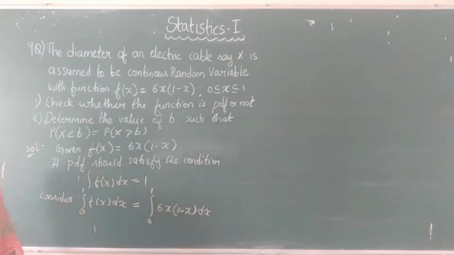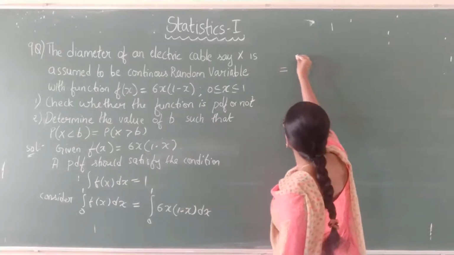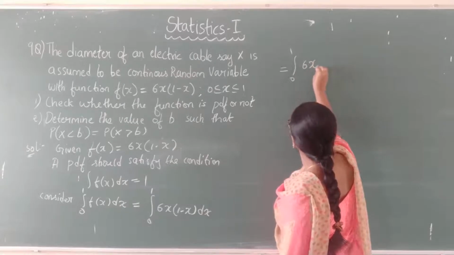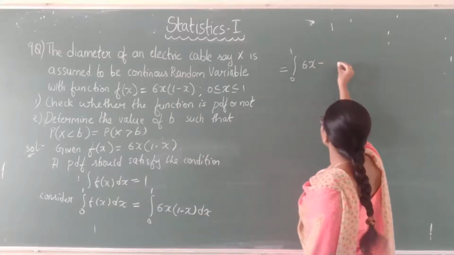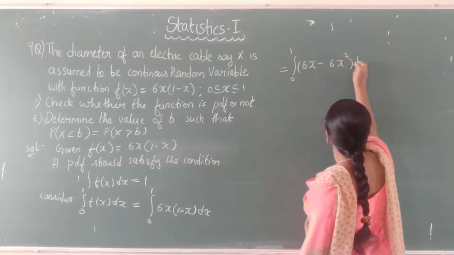Before integrating, multiply 6x inside, which is equal to the integral over 0 to 1 of 6x into 1, which is 6x, minus 6x into x, which is 6x square, dx.